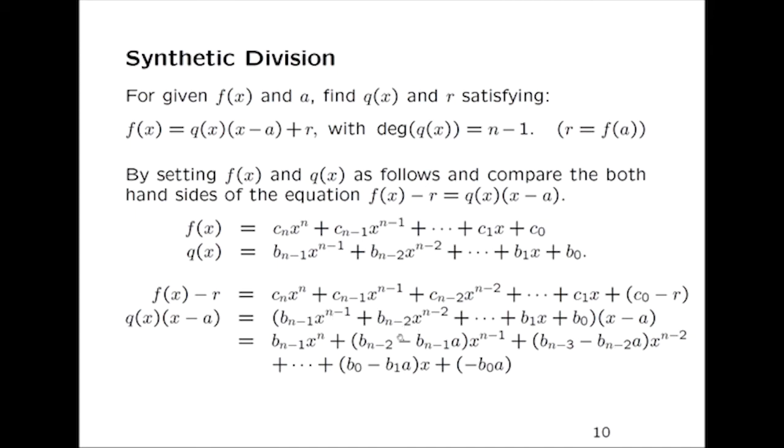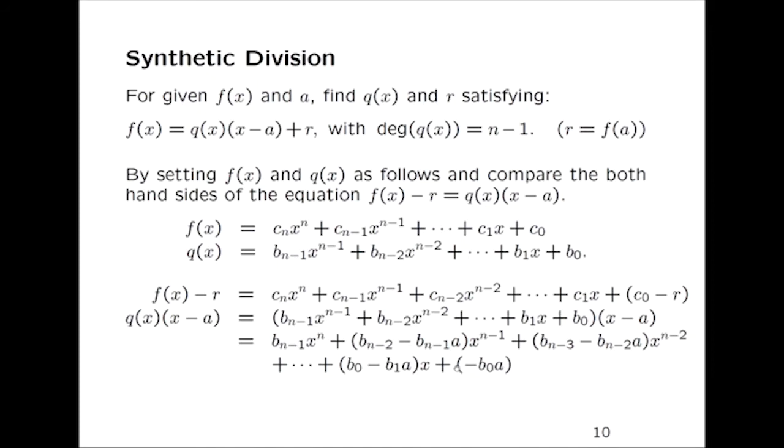Okay. What about x to the n minus first power? If you multiply this with x, you get b(n-1) x to the n minus first power. But x to the n minus first power also appears if you multiply the first term with a. That is minus b(n-1) a. Okay? And in that way you can find this.